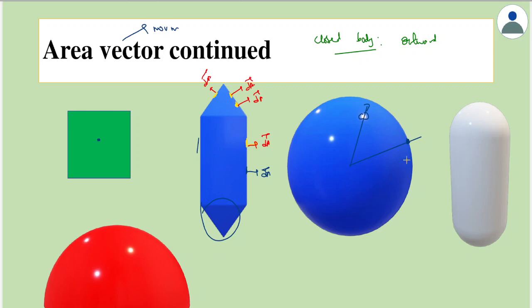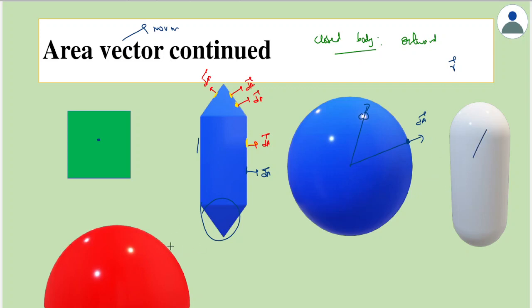So this is how its area vector would be. Same for any part here. So for a sphere, the area vector would always be along the direction of the radius vector.